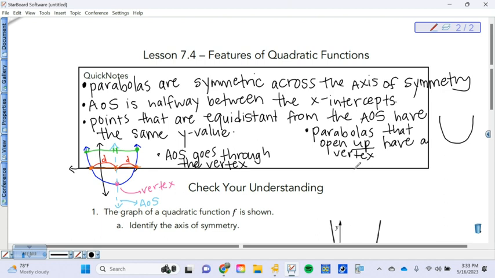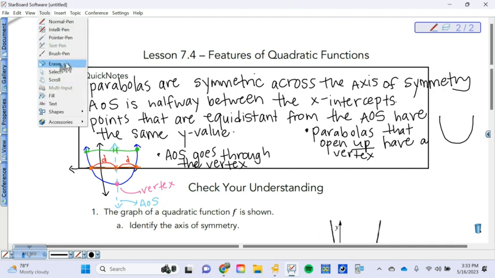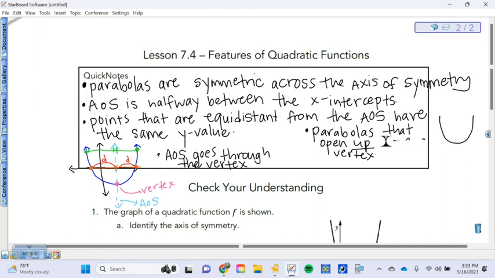Is the vertex a minimum or a maximum? Yeah, the minimum. If my parabola opens up, my vertex is at the bottom, so it's a minimum.